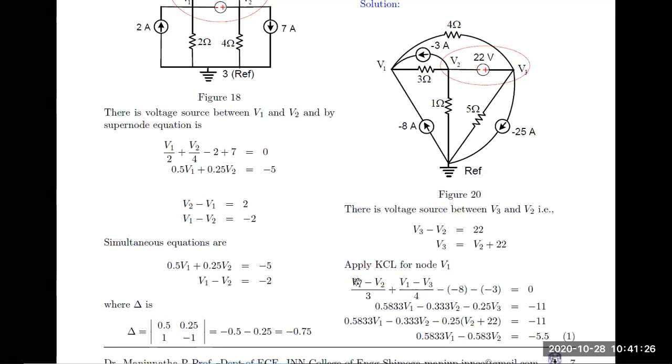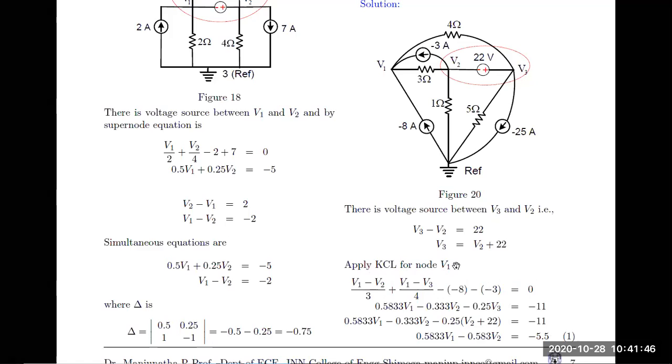Simplify it by separating V1, V2, V3, and we get this. Also, to make it two variables, wherever V3 is there, I substitute V2 plus 22.